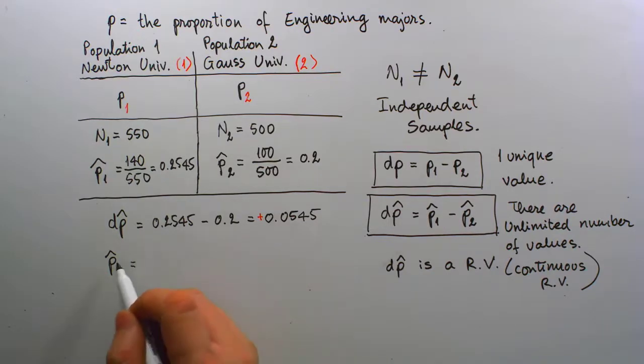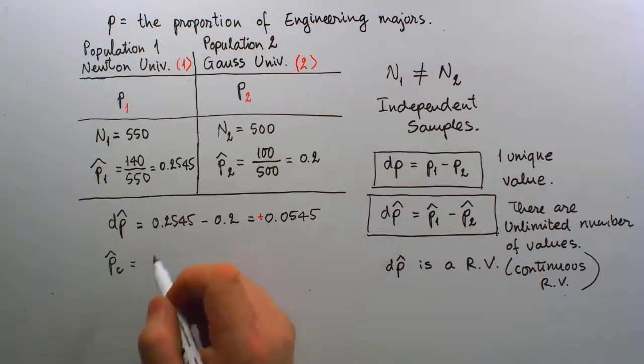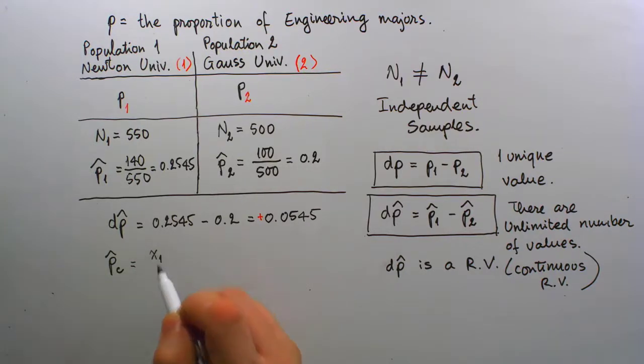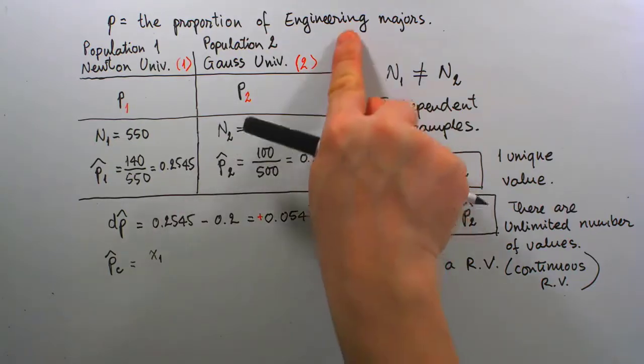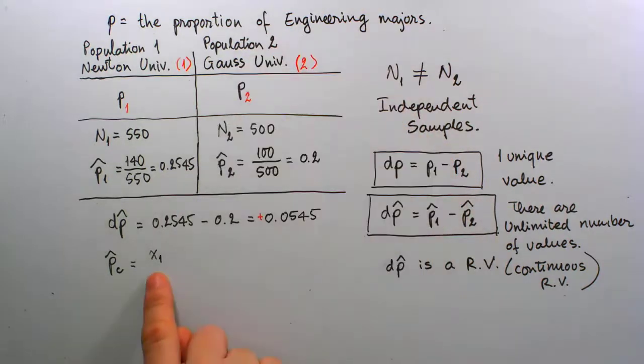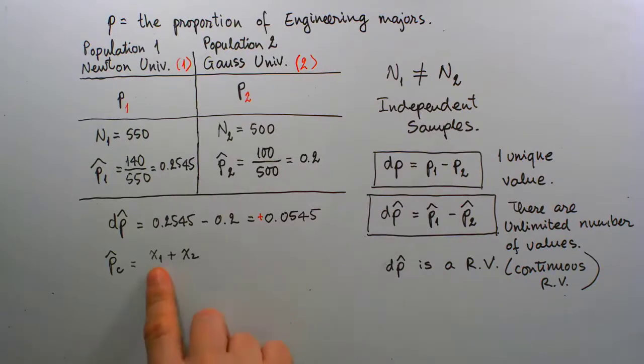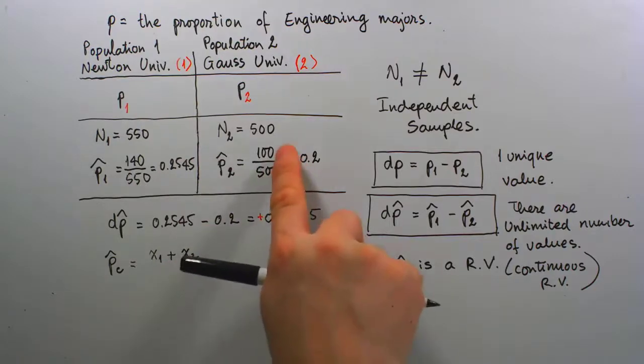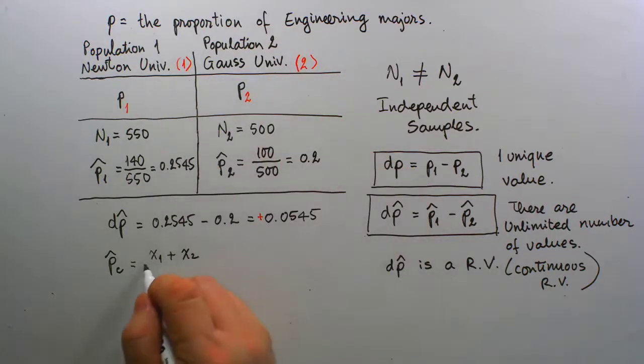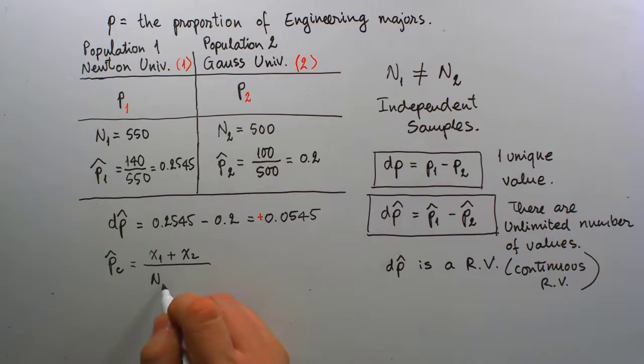So p hat c, as a recall for yourself, is the success count from population 1, the engineering major category, so x1 plus x2: the success count from population 1 is totaled up with the success count from population 2, and we divide by the total of the two sample sizes together. So that's why we're looking at x1 plus x2 over n1 plus n2.